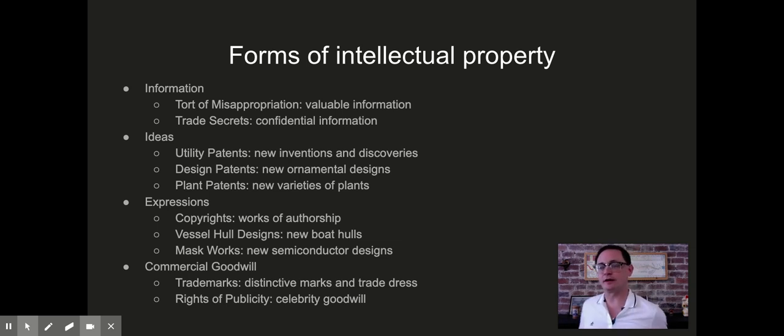Specifically, the tort of misappropriation goes to the misappropriation or use of valuable information generated by one party, by another party, typically by a competitor. And we'll talk about why that by a competitor element is so critical to the tort of misappropriation as we discuss how it was created and how it plays out in practice.